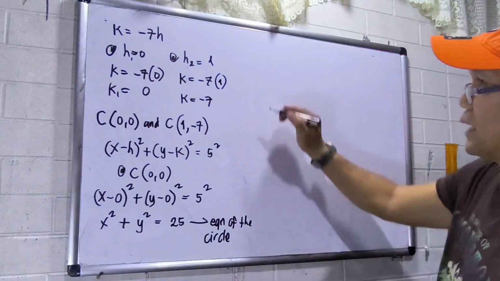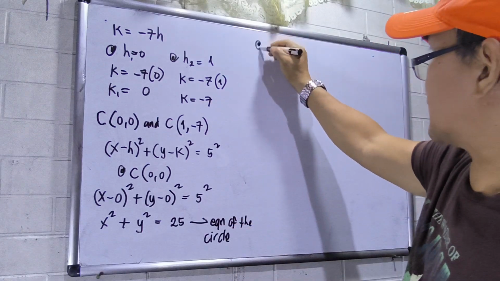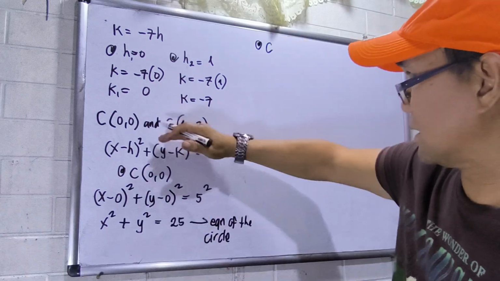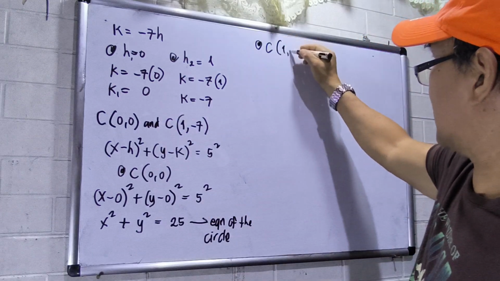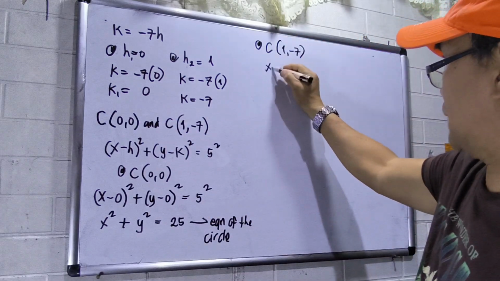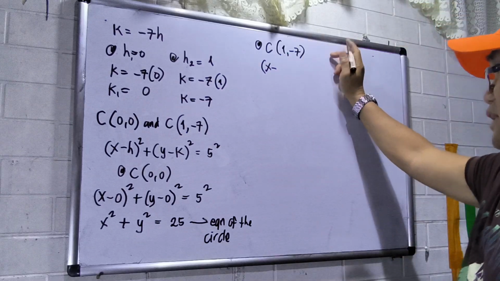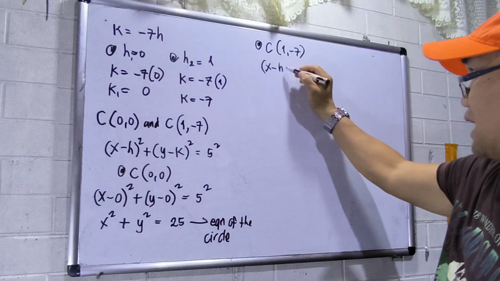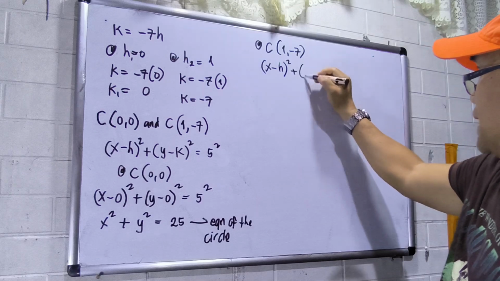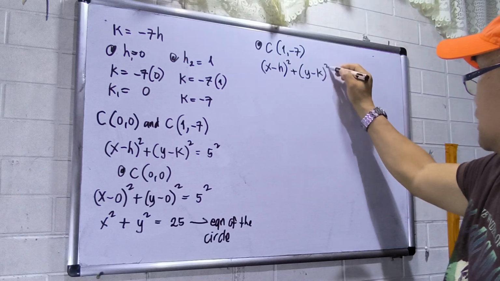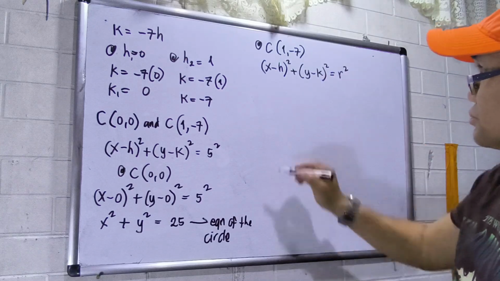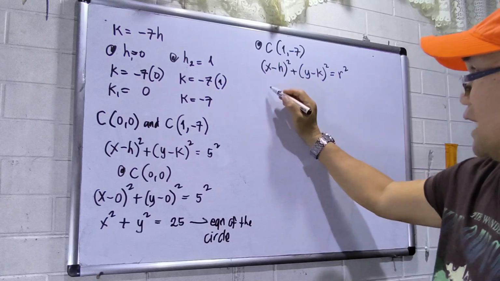Okay, next will be at center, the second, 1 and negative 7. So again, we will use this first equation, the standard equation of a circle. This will be (x minus h) squared plus (y minus k) squared is equal to r squared. So plug in x and y.